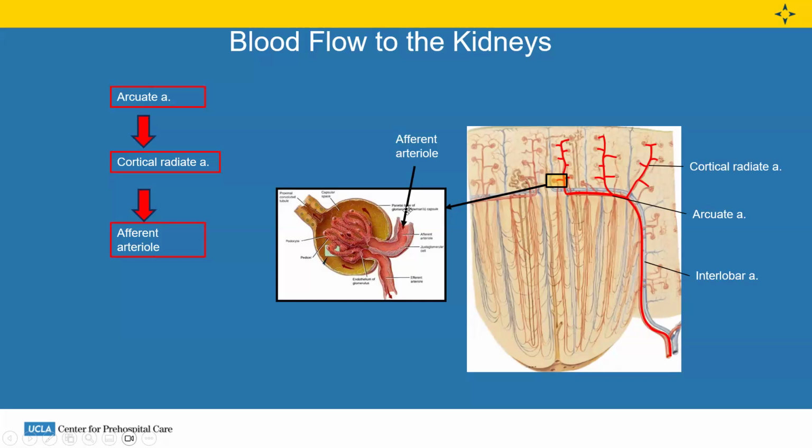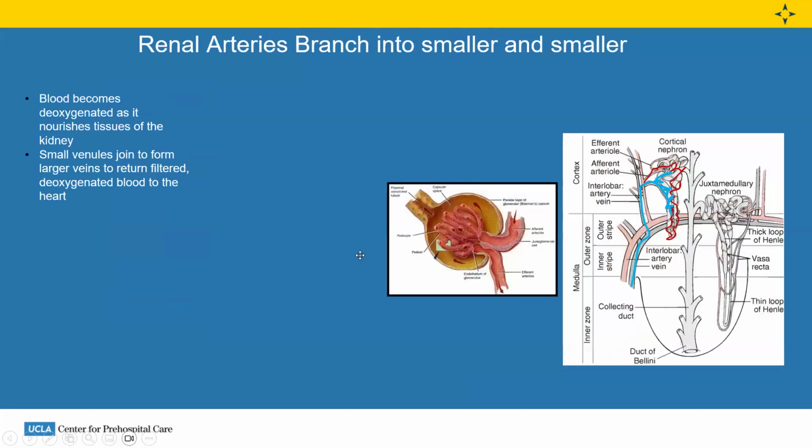Afferent means kind of entering in or going in. And our afferent arteriole is going to feed into this capillary network called the glomerulus. And we'll talk a lot about that. And then from our glomerulus, it'll exit as our efferent arteriole.